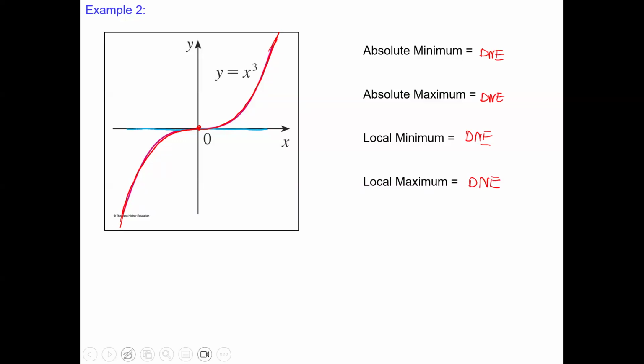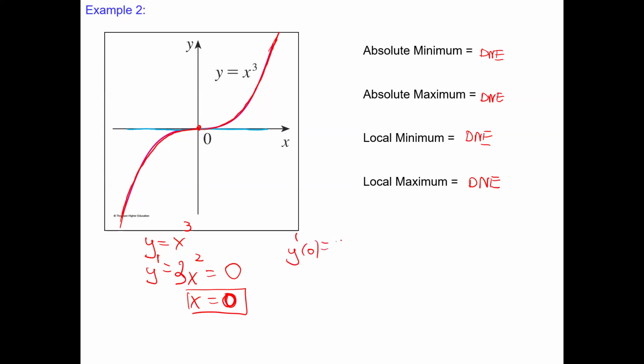And if we think about where the function has a horizontal tangent, this is x cubed, so let's do it explicitly. We need to find where the derivative is 0. The derivative is 3x squared, and it is 0 if 3x squared is 0, which is when x is 0. That means the derivative at 0 is 0. That's the x value and this is the y value.